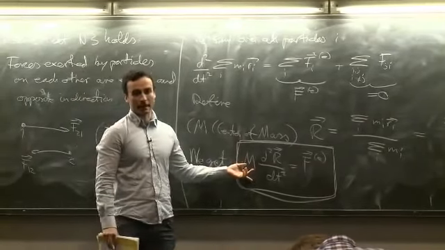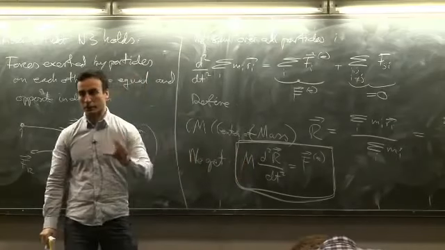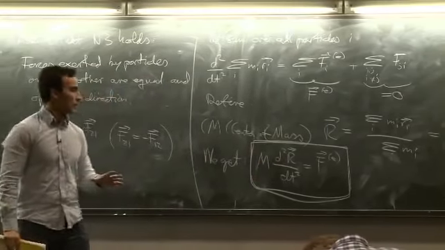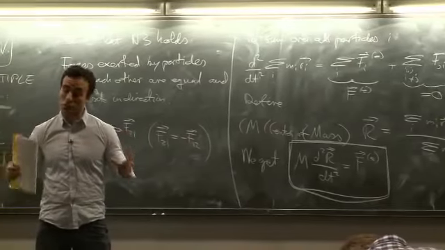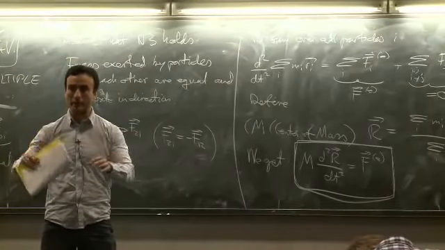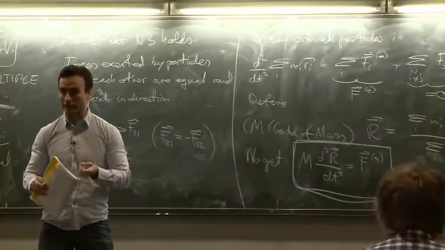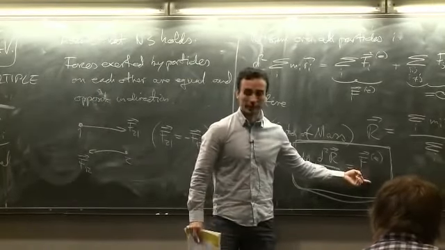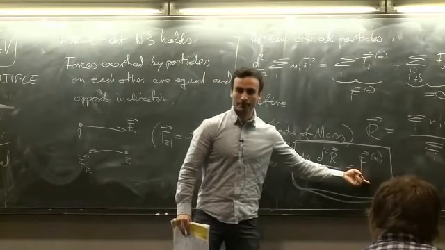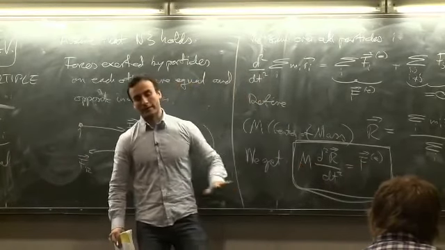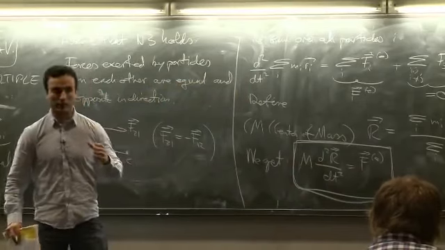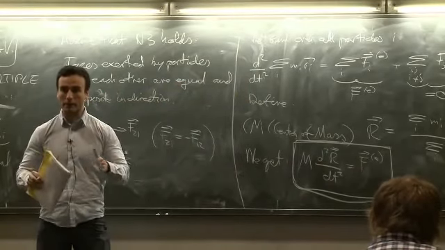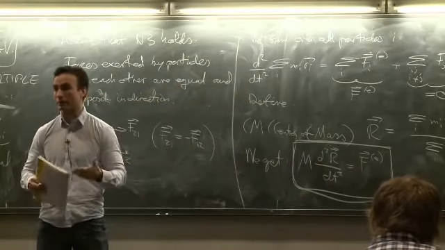The center of mass of a system of particles will move as if the total mass of the system was gathered in one point, namely the center of mass coordinates, and was acted upon by this total external force. So at least this equation gives us a way to describe how the center of mass of the system will evolve with time, how it will move with time.